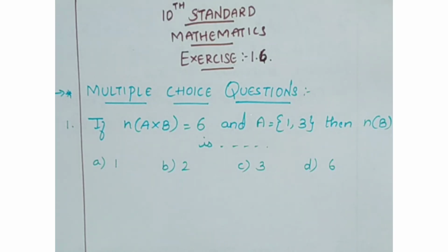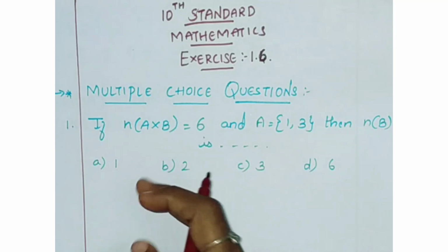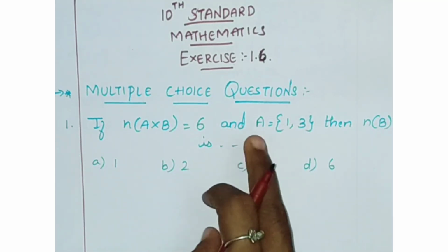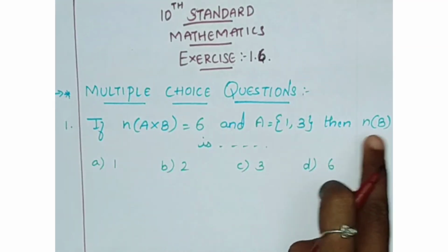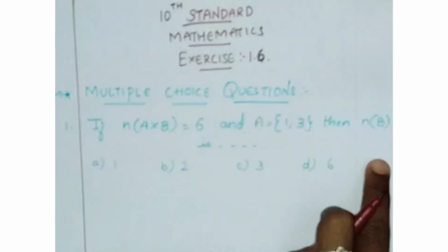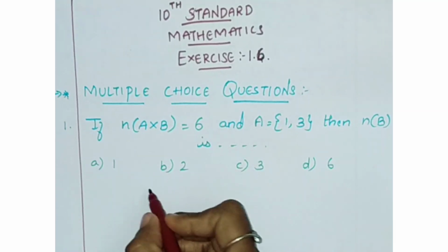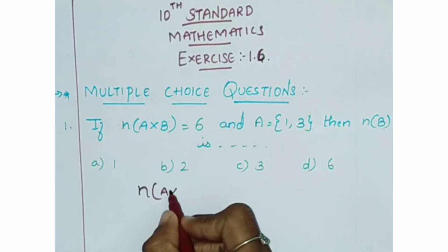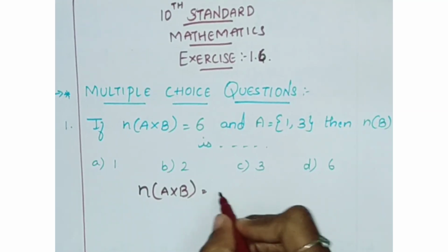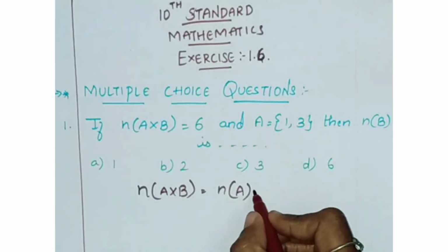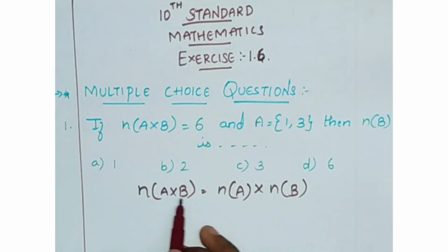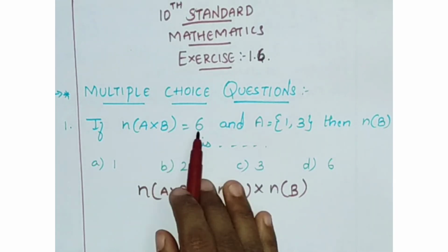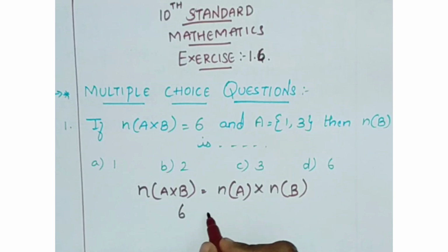Okay, come let's see. First question: if n of A × B is equal to 6 and A is equal to {1, 3}, then n of B is, so you have to find. We know the relation that n of A × B is equal to n of A into n of B. Here they have given n of A × B, which is 6.